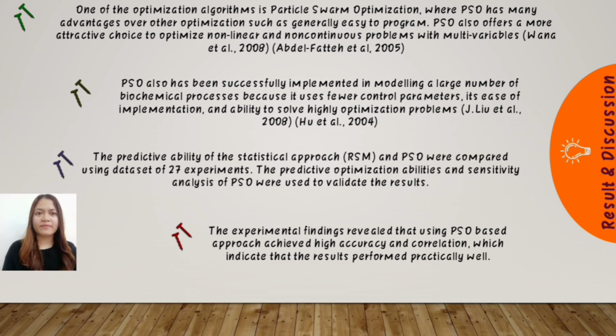The predictive ability of the statistical approach RSM and PSO were compared using a dataset of 27 experimental runs. The predictive optimization ability and sensitivity analysis of PSO were used to validate the result.